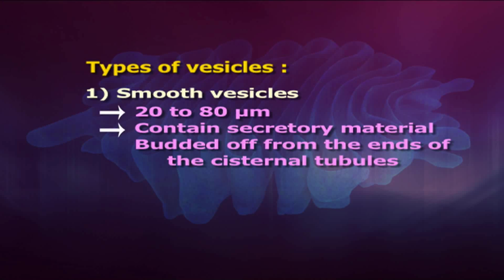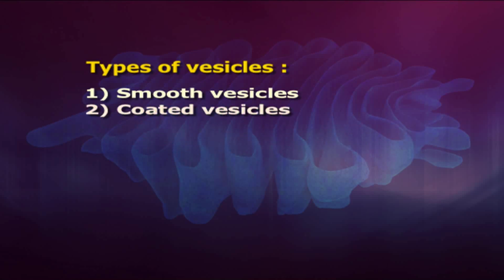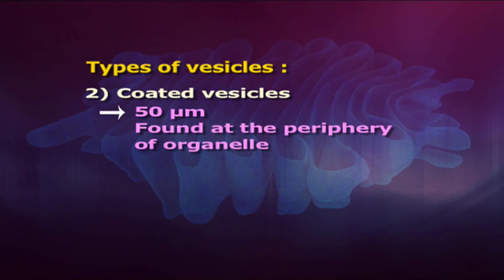They contain secretory material and are budded off from the ends of the cisternal tubules within the net. Coated vesicles. The coated vesicles are spherical protuberances about 50 micrometer in diameter, having a rough surface. They are found at the periphery of the organelle, usually at the ends of single tubules.